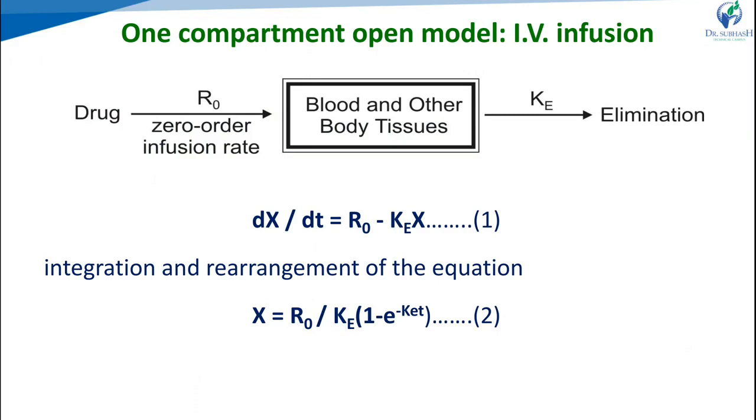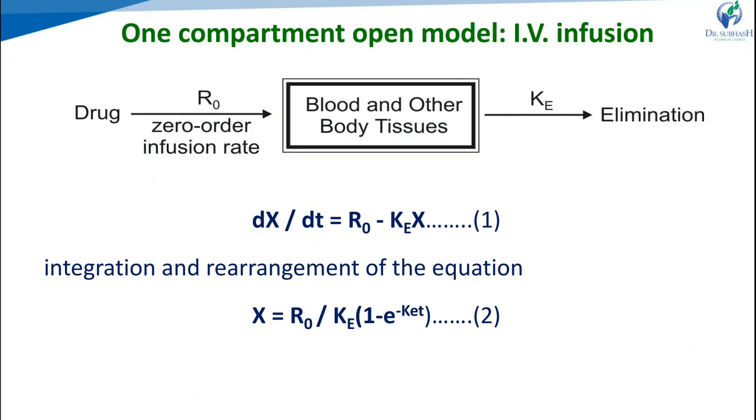In IV infusion, rapid IV injection is sometimes unsuitable when a drug has the potential to precipitate toxicity, or when we require stable concentrations of the drug in the body for the desired time. In that situation, we have to administer the dose at a constant rate, so IV infusion is used rather than an IV bolus or rapid IV injection.